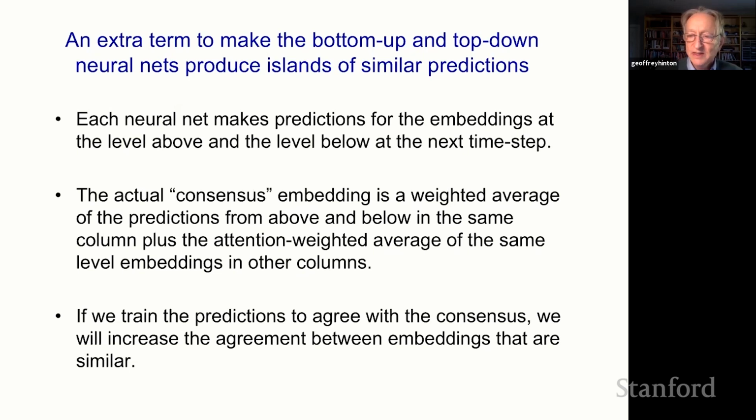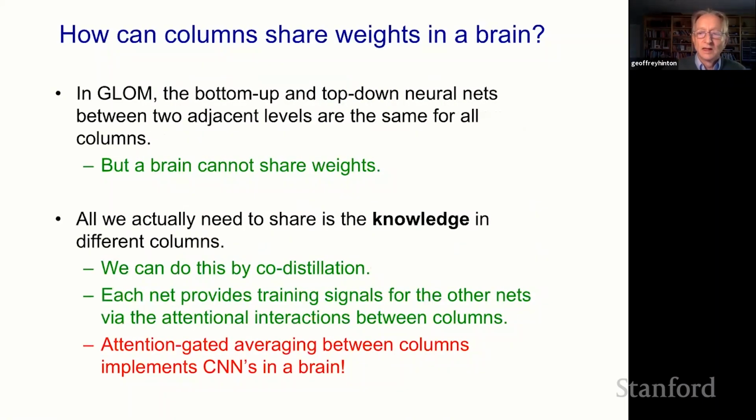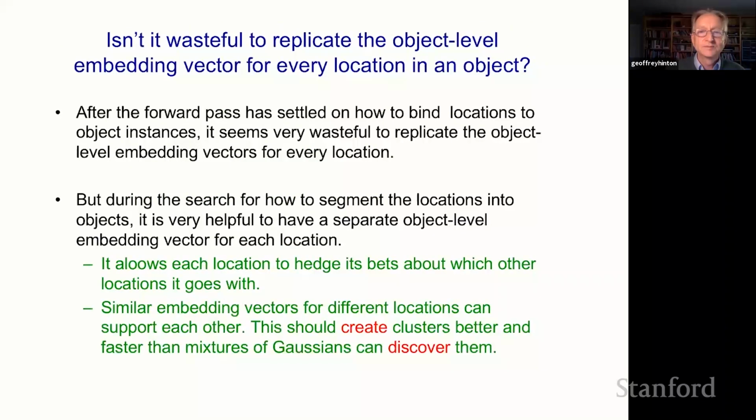And so by trying to make the top-down and bottom-up neural networks agree with the consensus, you're trying to make them agree with what's going on in nearby locations that are similar. And so you'll be training it to form islands. This is more interesting to neuroscientists than to people who do natural language, so I'm going to ignore that.